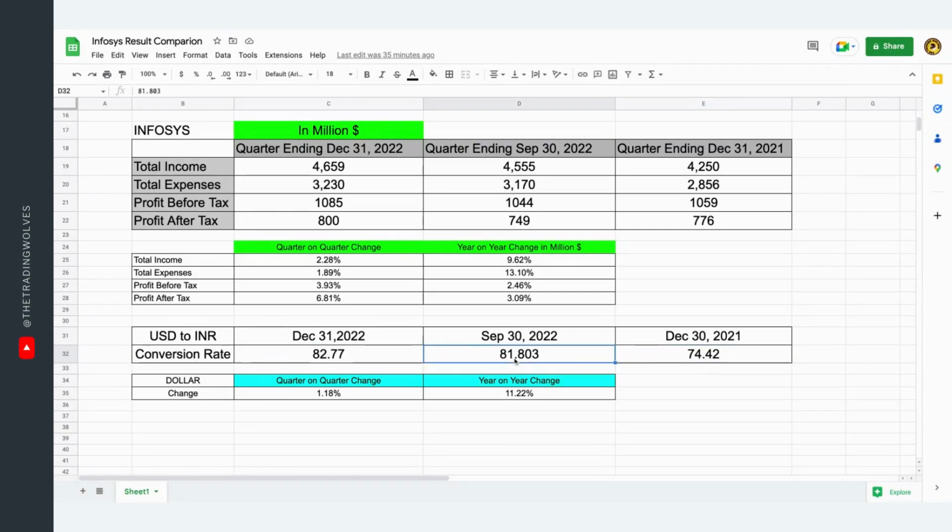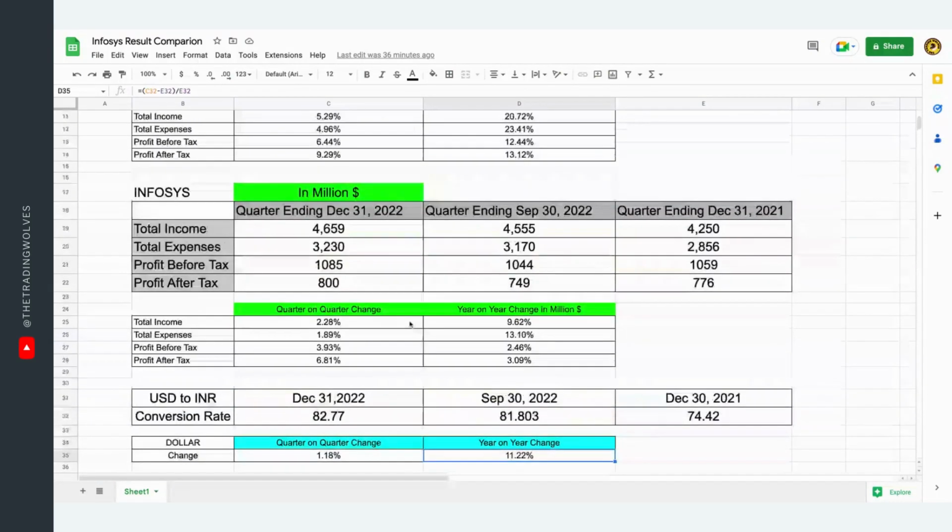And this is the value of $1 US in Indian rupees on 30th of September 2022. So if you look at quarter on quarter basis, the rupee has basically slid in comparison to the dollar by 1.18%, and on year basis the rupee has deteriorated in comparison to US dollar by almost 11.22%.